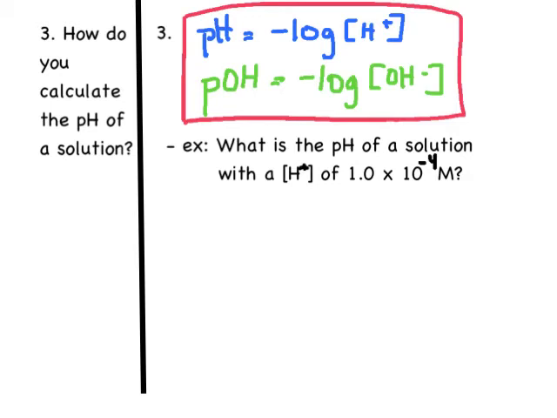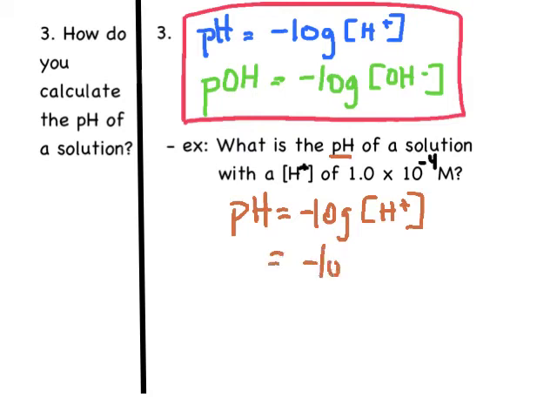Again, pH equals the negative log of our hydrogen ion concentration, and it's asking for pH, so that's the formula we're going to use. In our calculators, we type in negative log of 1 times 10 to the negative 4. When you do that, you end up with a pH of 4.